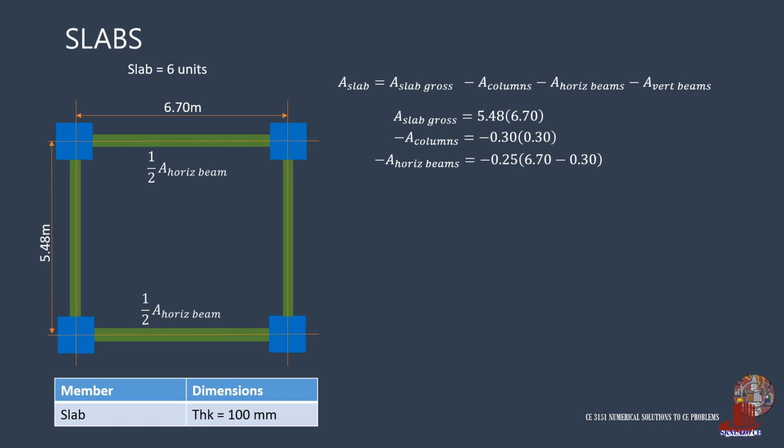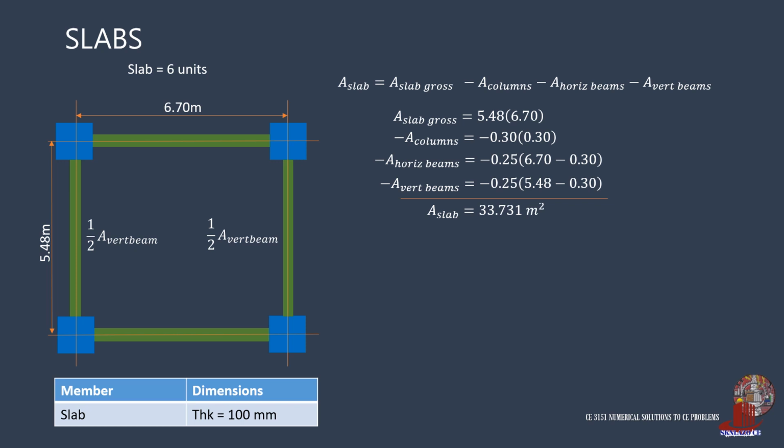The last reduction comes from the vertical beams. Deduct twice of half of the vertical beams. This is then taken as the whole width of 0.25 times the clear length of 5.48 minus 0.3. The total slab area is then computed as 33.731 square meters.